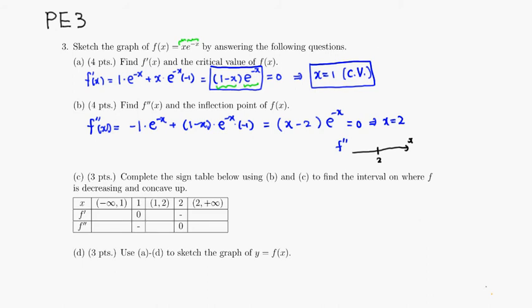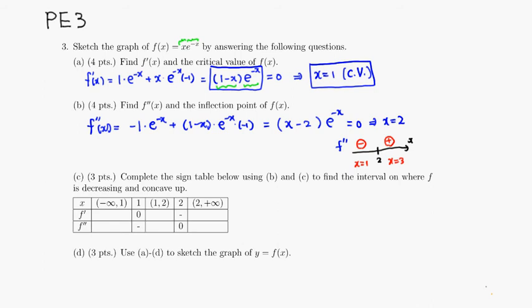If you plug in anything less than 2, like 1, 1 minus 2 is negative, so this is going to be negative here. And if we try x equals 3, 3 minus 2 is positive, so you have a positive. So you have a concavity change at x equals 2, and at that point you're going to have an inflection point.